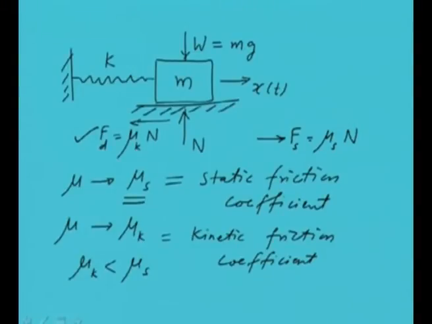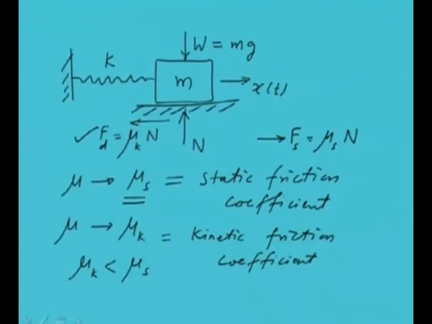You can see that once we disturb it, it goes in the positive x direction. It will go up to a certain distance, but as it goes toward the right, the extension of the spring takes place. So the spring will try to push the mass back toward the negative x direction.